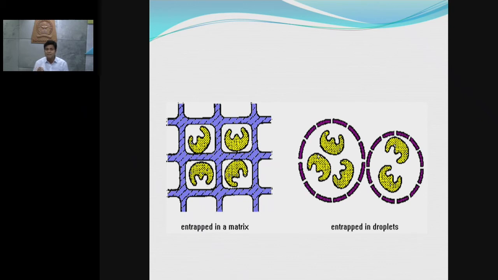We have entrapped these enzyme molecules in a support and we can see the perfect insolubilization of this enzyme. In another way, we have enclosed enzymes in a particular capsule or droplets. So this is nothing but encapsulation of the enzyme molecules.